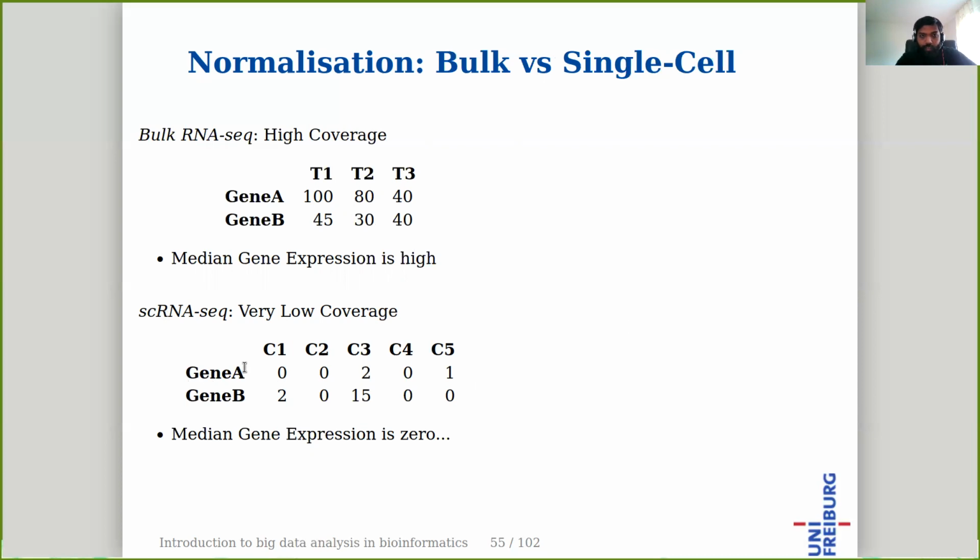In order to get to T1, you probably need to sum all these cells, then probably you get 100, but per cell you have a really low number of counts, so a low number of reads. And that's a problem because the median of the gene expression is sometimes 0. So you may see sometimes in some cells no genes are expressed. So when you take the median, this might be simply 0.